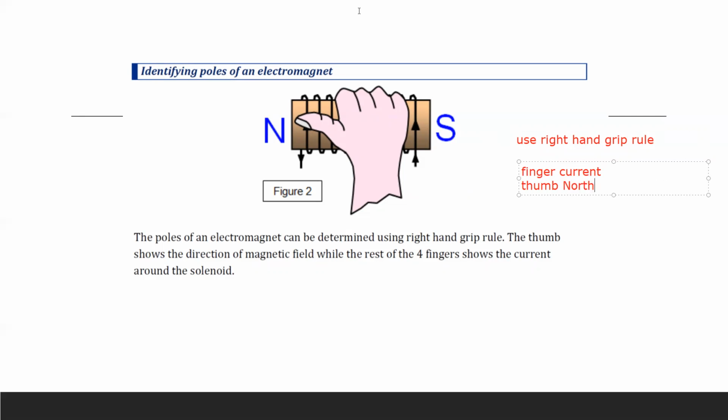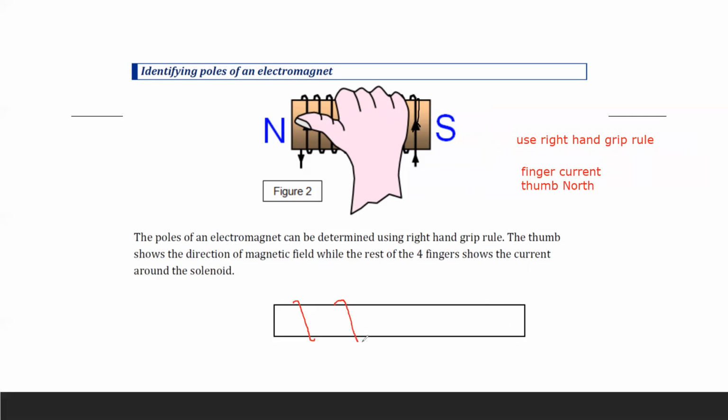As you can see, in this case the fingers show the current, it's a loop. Say you have an electromagnet, a wire turned around a soft iron core, and this is the direction of the current.